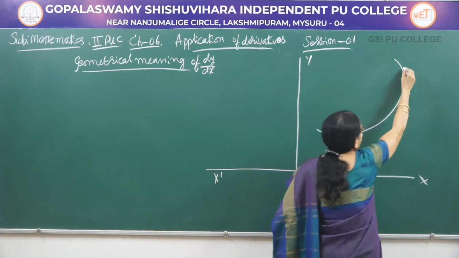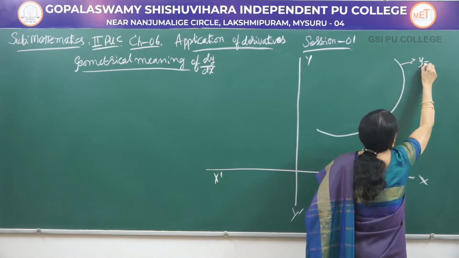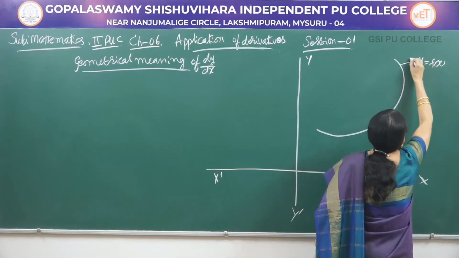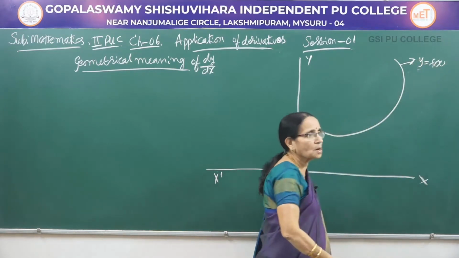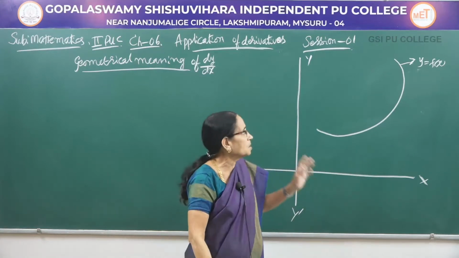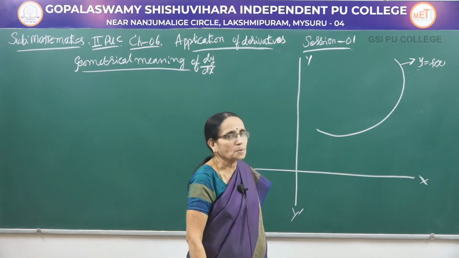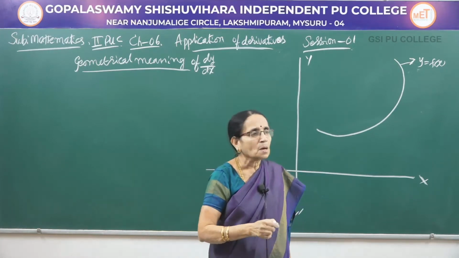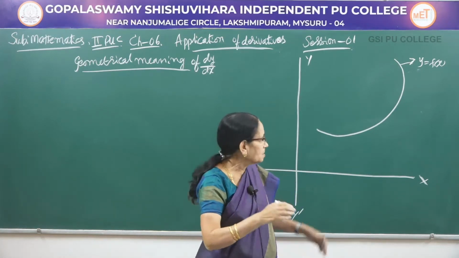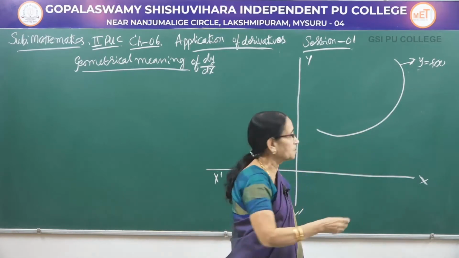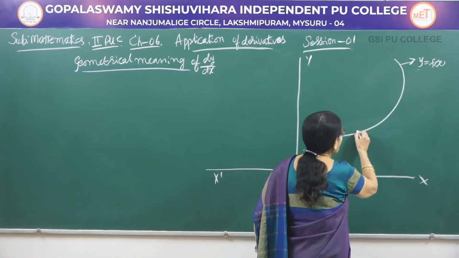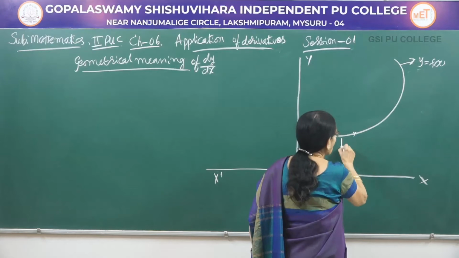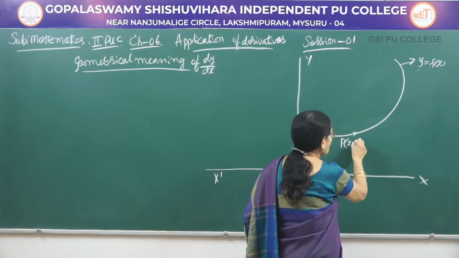Now, let us take this as y equal to f(x). Always I consider a general function. So, consider a continuous function y equals f(x). Now, on this I consider two points, but they are supposed to be just adjacent points. One point I am considering here having the coordinates x comma y.